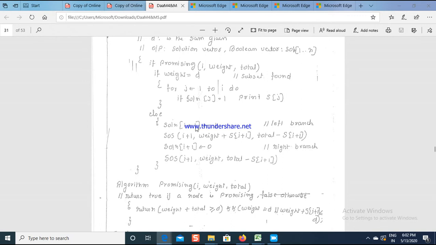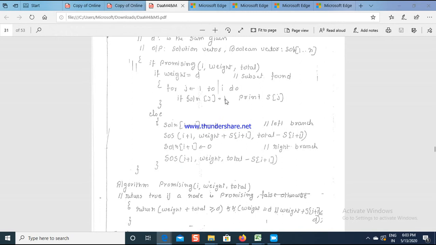Now what is this solution of I plus 1? It is 1, and solution of I minus 1. So when I move towards a left branch, it is 1. When I move towards a right branch, it is 0. See here, when the weight is equal to D, meaning when we are getting the final solution, I need to print the element. When I am printing the element, if it is with, then 1.